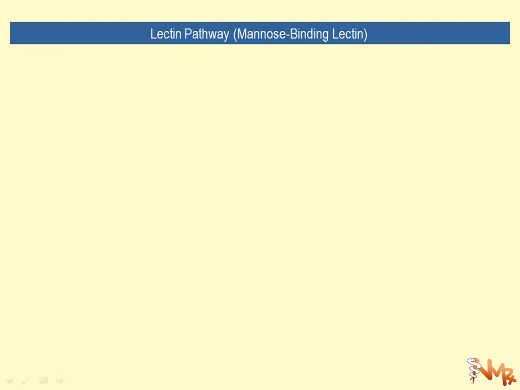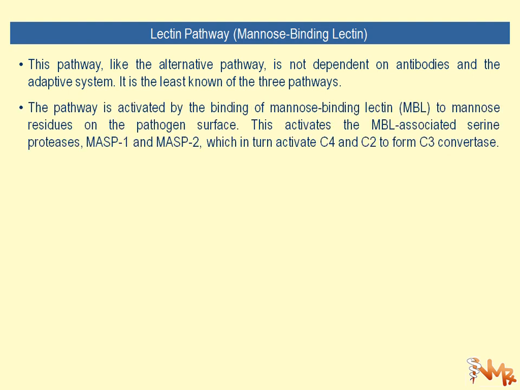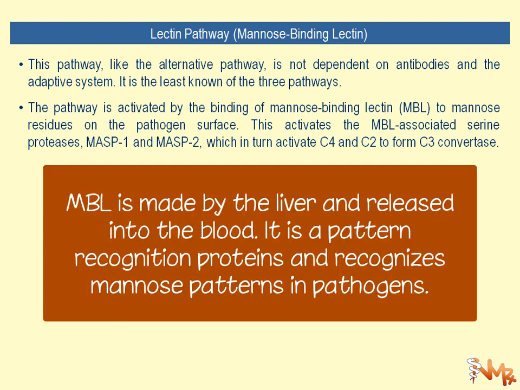the mannose-binding lectin pathway. This pathway, like the alternate pathway, is not dependent on antibodies and the adaptive system. It is the least known of the three pathways. It is activated by binding of mannose-binding lectin, MBL, to mannose residues on the pathogen surface.